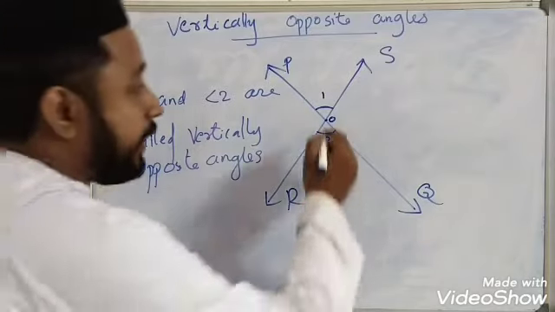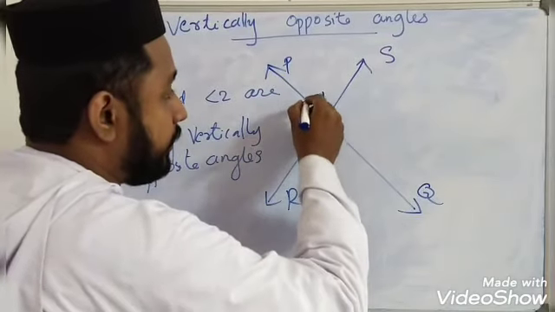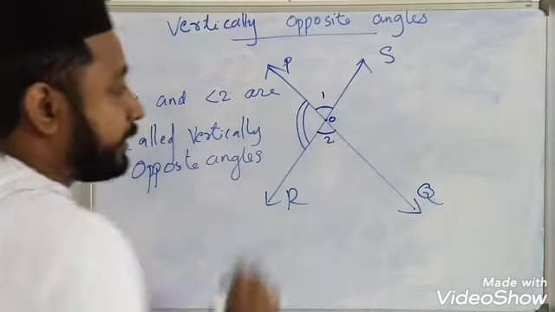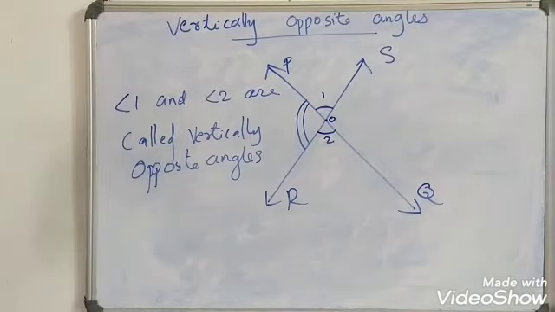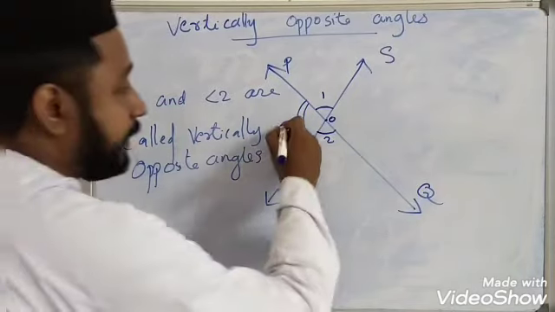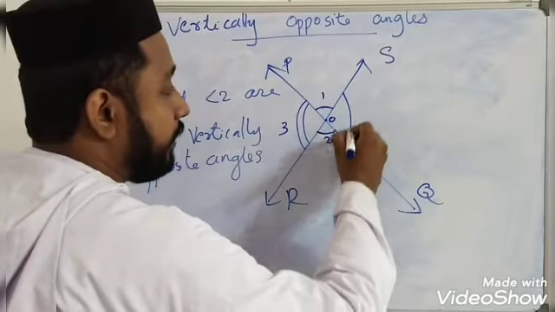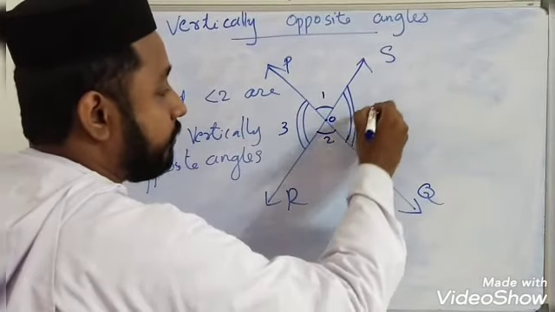Then here is another angle, and I mark the two lines. Here is angle 3 and another angle, angle 4.